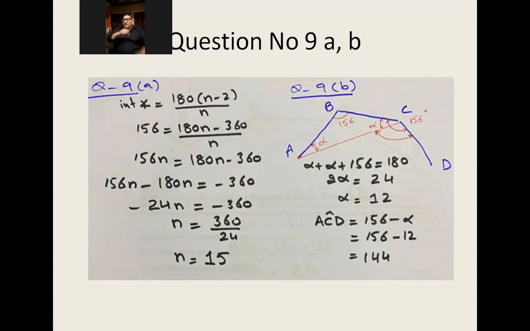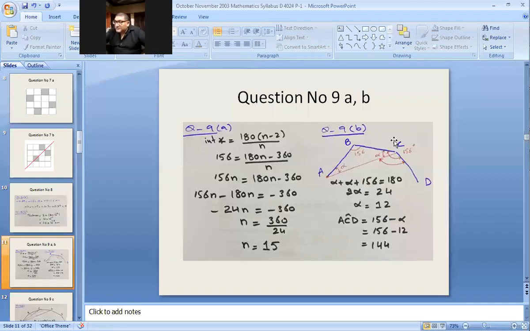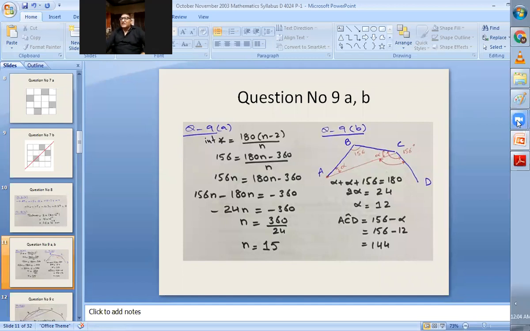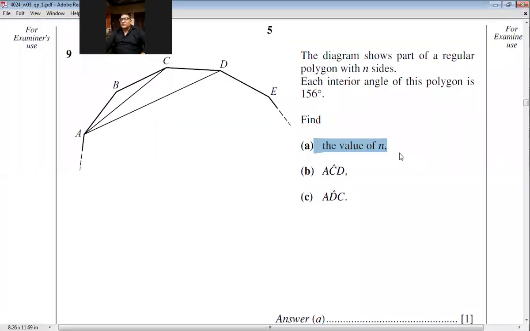Alpha is equal to 24 divided by 2, and that will be 12. So I know the value of alpha. This angle BCD is also 156. So from 156, subtract this alpha, so you will have ACD. So 156 minus 12, that is 144. So the ACD value will be 144. Hopefully you have understood how I have solved it. Let's move to the next part.